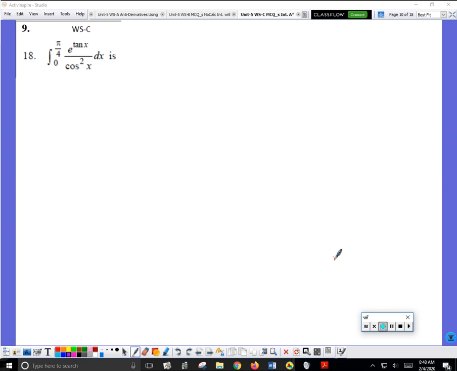We did tangent x as our u. So I think of this as two functions being multiplied. Natalie picked from this function u to equal tangent of x.